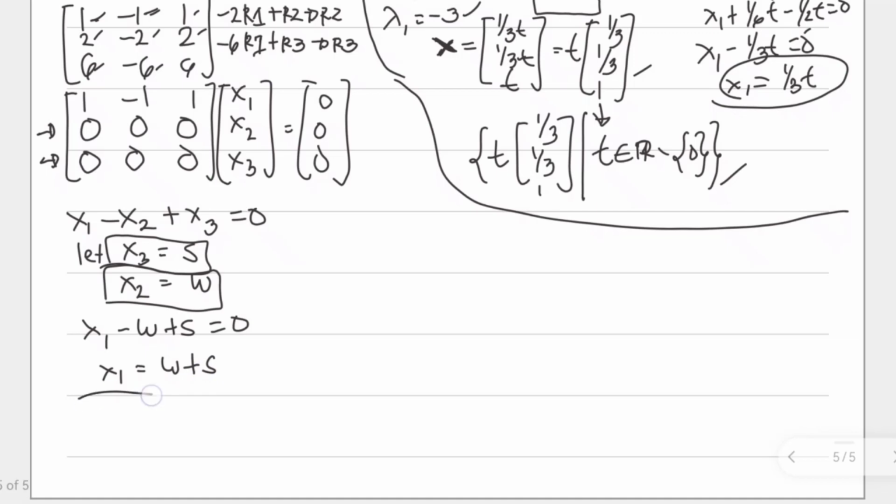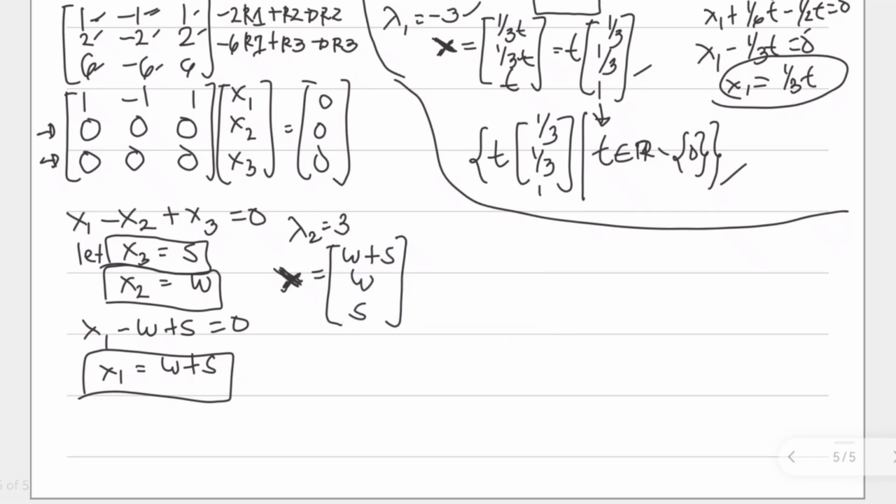Okay? So with all of this, our eigenvector here for our eigenvalue, which is positive 3, is in this form. W plus s, W and then s. What happens here is, of course, you could rewrite this as w plus s, the w plus 0, okay? And you have 0 plus s.